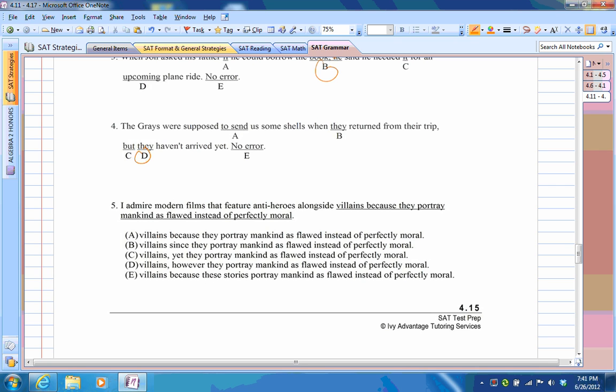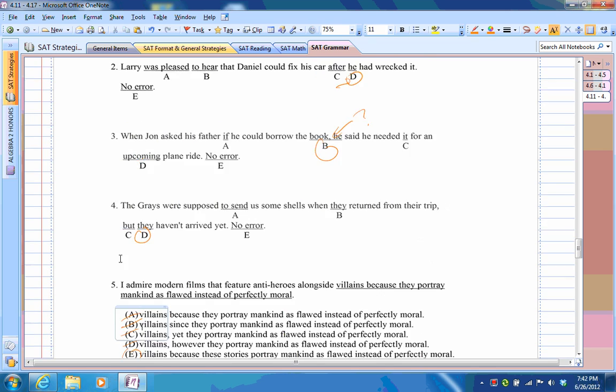So looking at all the choices, B has the same problem as the original. D would actually be a run-on sentence, so I'll go E. I admire modern films that feature anti-heroes alongside villains because these stories portray mankind as flawed instead of perfectly normal. So it makes them more clear.